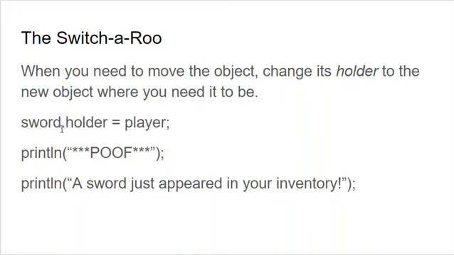The sword is now in the player, basically, or is dangling off of the player in that tree structure. And then print the line poof, and then print the line a sword just appeared in your inventory. So what we've done is we had that sword off screen, and when something happened, we teleported it into the player's inventory, or we could have teleported it anywhere, and now it's there.